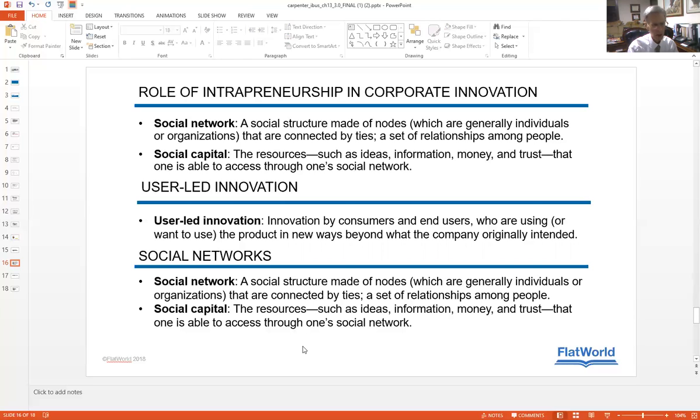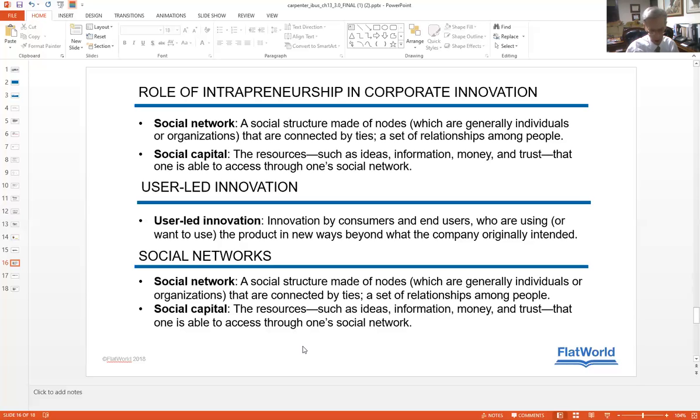Social capital then is all of their intellectual products and capabilities taken together. It may be that the user or the customer will suggest new ways for your product to be used or even produced. And so then here we are back with social networks and social capital.